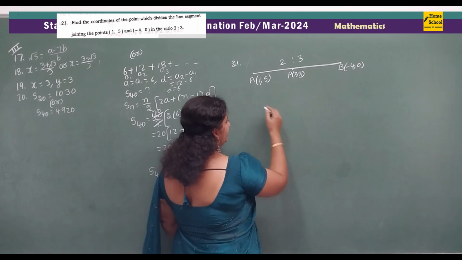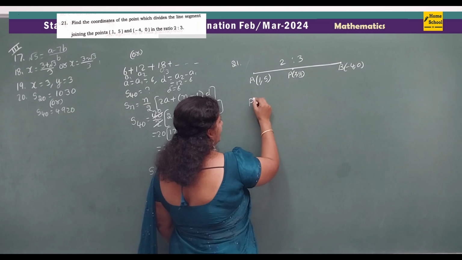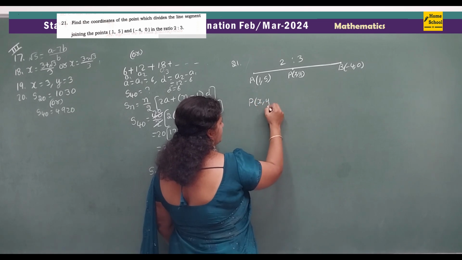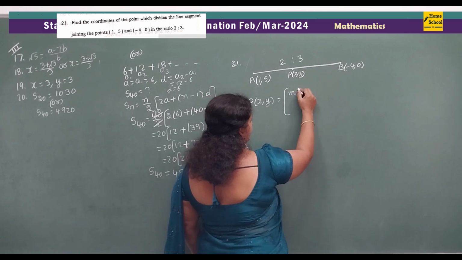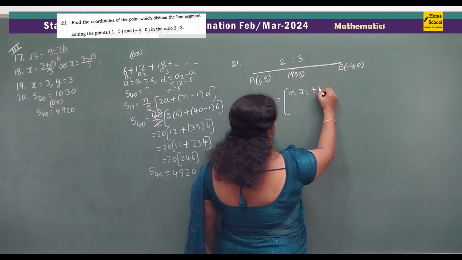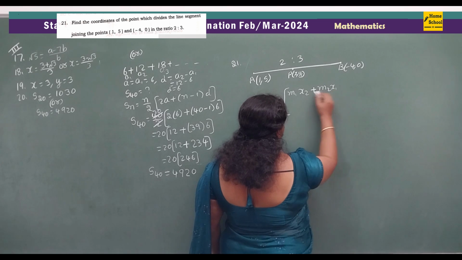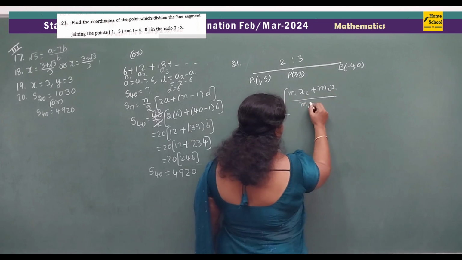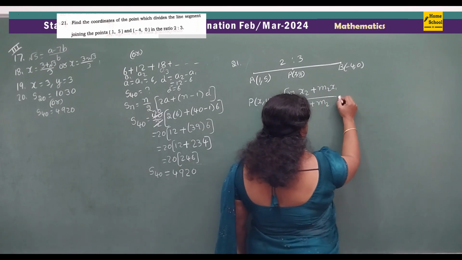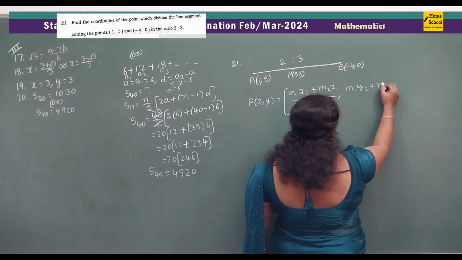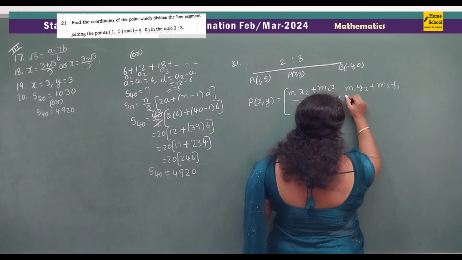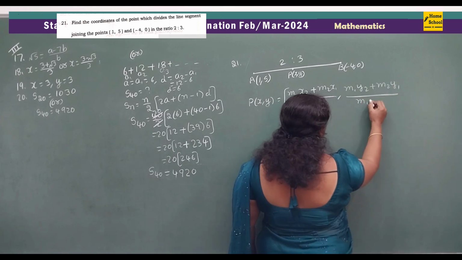So apply the direct section formula, that is P(x, y) is equal to (m1 x2 plus m2 x1) by (m1 plus m2), (m1 y2 plus m2 y1) by (m1 plus m2).